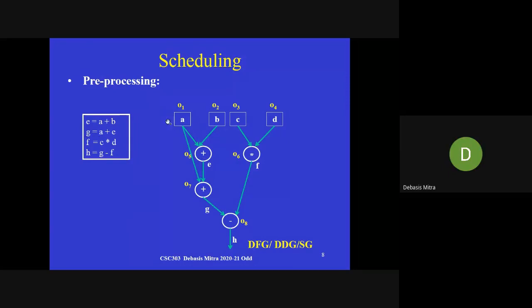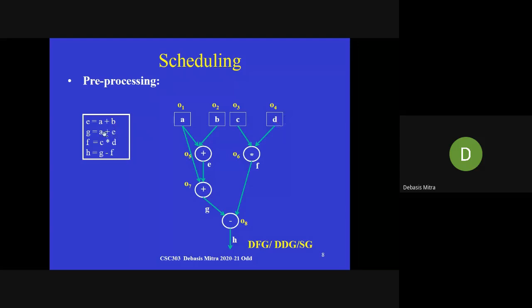See, in the first level I have the independent variables. Now in the next level, which statement can be evaluated? Those statements whose input depends on only A, B, C or D. You can see easily that this second statement depends on E, which is not an independent variable.